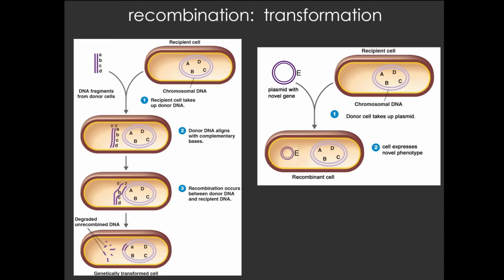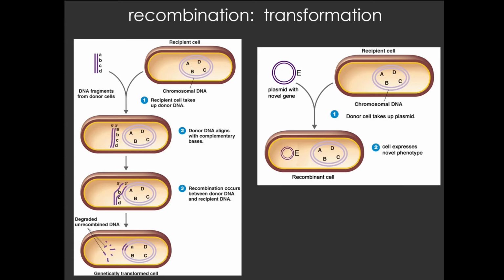Cells have DNA binding proteins on their surface, and they will take those fragments of DNA up, and if nothing else, they will use them in order to make pieces of DNA and save themselves the work of having to create those nucleotides.